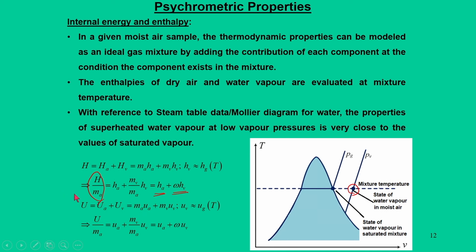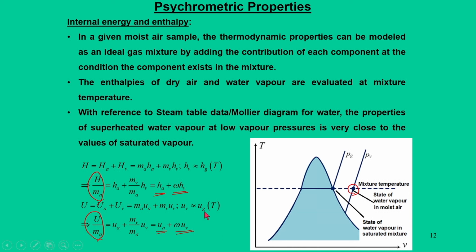Similarly, we can also have internal energy per unit mass of dry air as two components, internal energy for dry air and internal energy for water vapor, which is nothing but omega times Uv, and this is how it is evaluated.